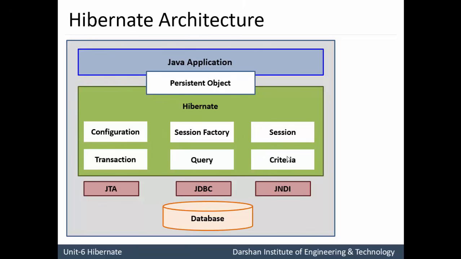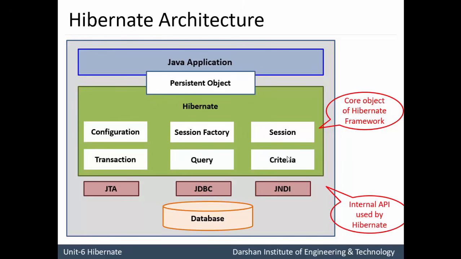Now the block diagram of Hibernate architecture. Here the block diagram represents Java application, persistent object, Hibernate, backend API, which consists of 6 objects starting from Configuration, SessionFactory, Session object, Transaction object, Query object, and Criteria object. These are all known as core objects of the Hibernate framework.